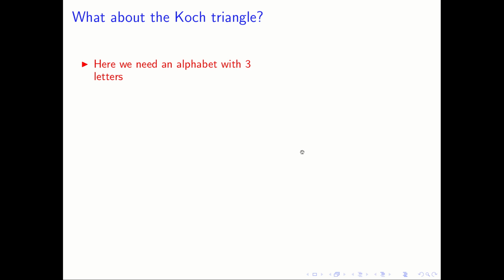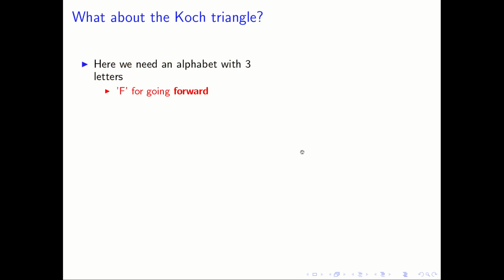Well, can we play the same game with the Koch triangle? Well, or not really the Koch triangle, the heading is slightly wrong. I meant the Koch curve. We will talk about what the Koch triangle is soon. For the Koch curve, you need a slightly more complicated language. The alphabet is not 2 letters, 3 letters.